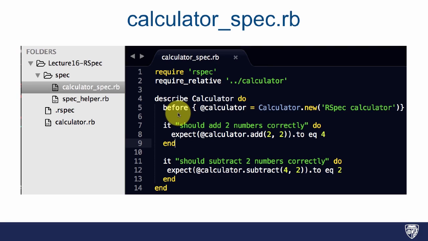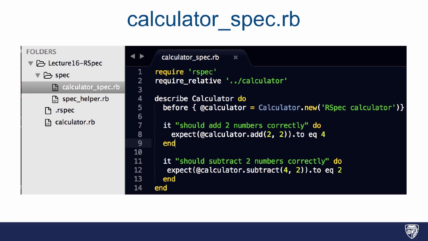And our before method is going to say create me a calculator just by doing Calculator.new and so on. And these are the actual specifications. So instead of how in Minitest you did test underscore, you do it 'should add two numbers correctly'. And then the block has the actual testing logic. So in this case, we're saying expect that the calculator add 2 plus 2 to equal 4. Now it's interesting how in RSpec the Minitest expected and actual are actually flipped.